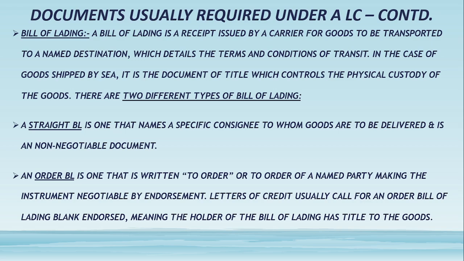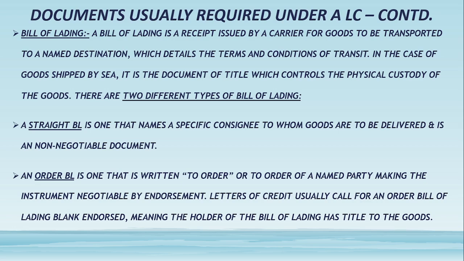In the case of goods shipped by sea, it is a document of title which controls the physical custody of the goods. There are two different types of bill of lading, a straight BL and an order BL.